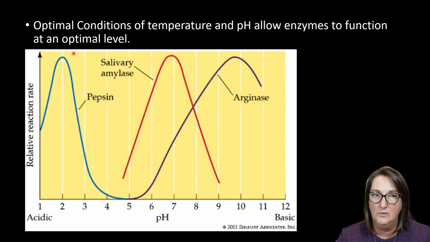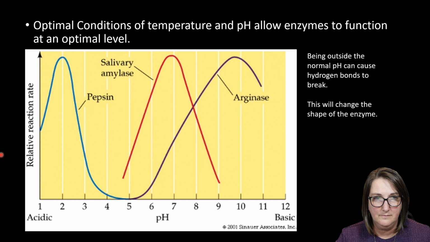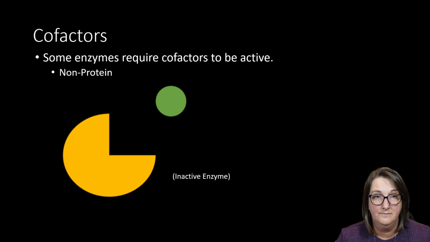This enzyme is folded a specific way where it can handle pH of 2. This is folded a specific way where it can handle 6.8. This is folded a specific way to have 9.5. So being outside of this normal pH can cause these hydrogen bonds to break, because remember, acids have a lot of those hydrogen protons, and this will change the shape of the enzyme.